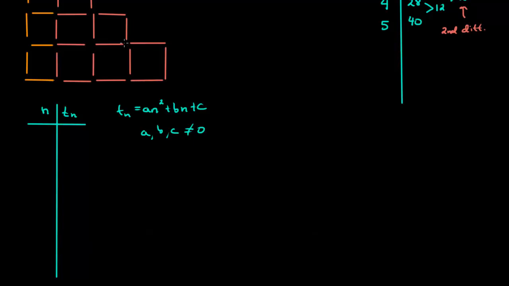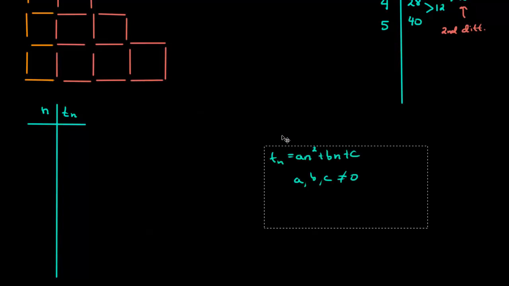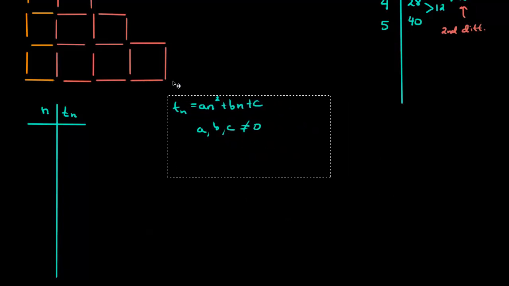Well, we can show that the second differences of this discrete function are actually going to be constant.